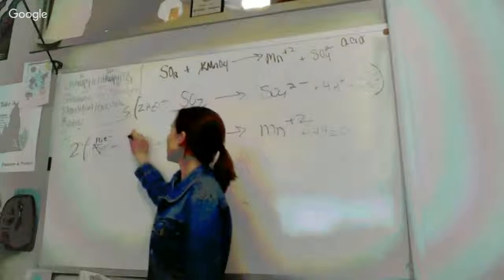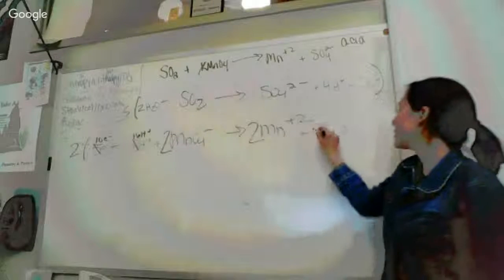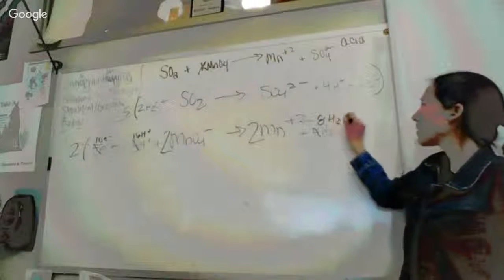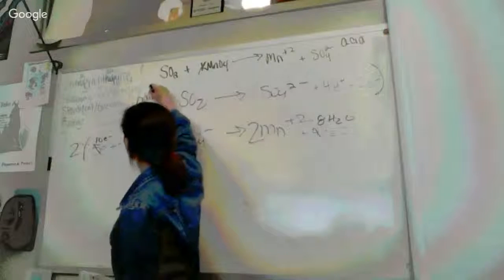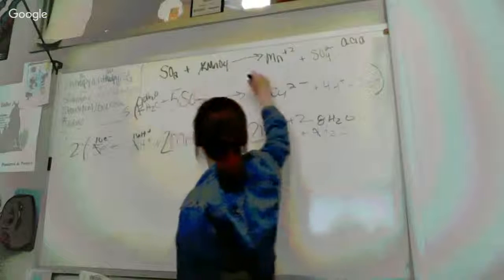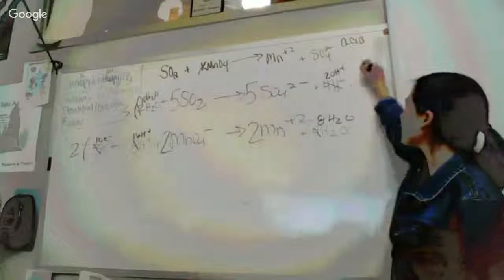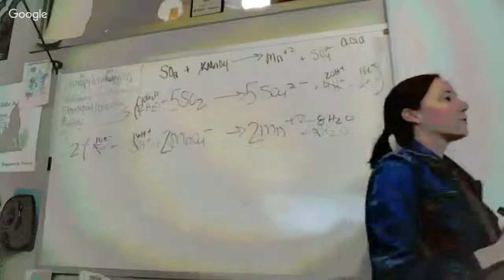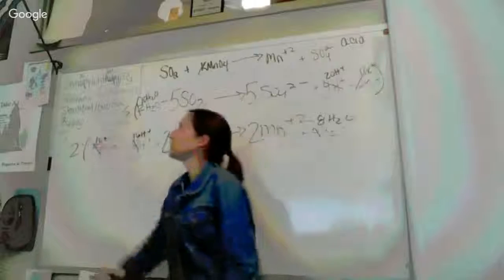This becomes 16 hydrogens, 2 MnO4-, 2 Mn2+, 8 waters. Then up here, when I do this, this becomes 10 waters, 5 SO2, 5 SO4, 20 H+, and 10 electrons. So then my 10 electrons cancel. Super duper.